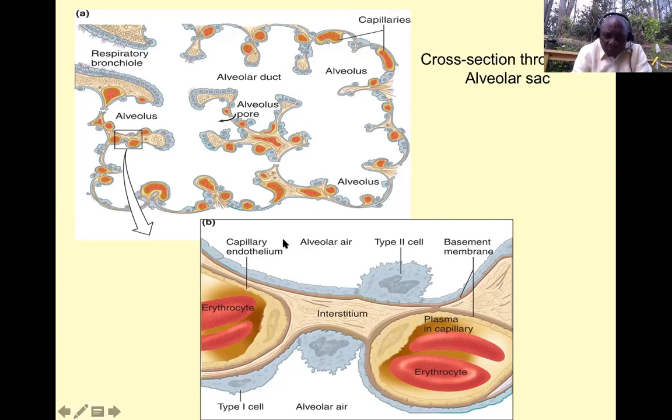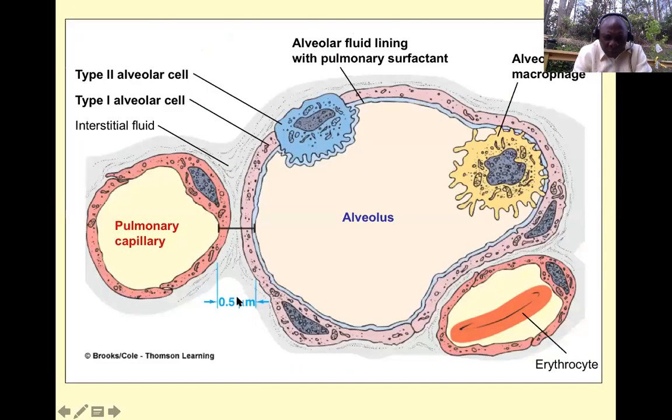Okay, so let's go down here on this diagram. We're going to expand this part here. You can clearly see the last part of the bronchiole here. Let's expand here so that we see the close relationship with the capillary.